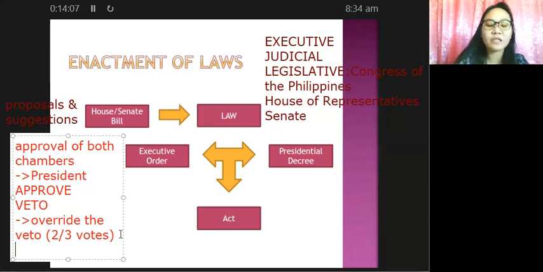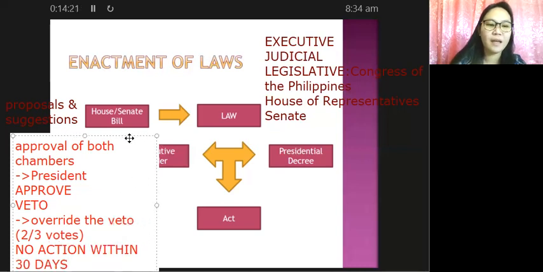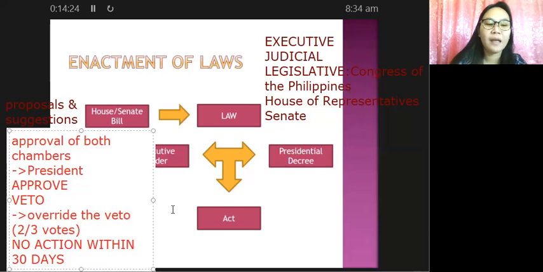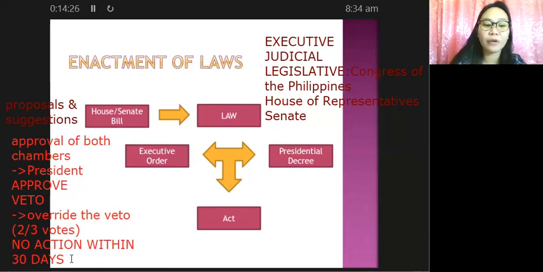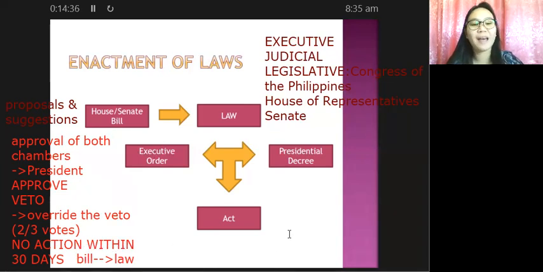If there is no action within 30 days, the bill automatically becomes a law.